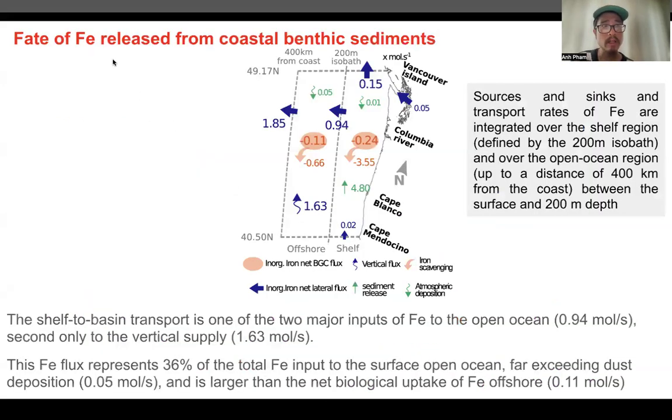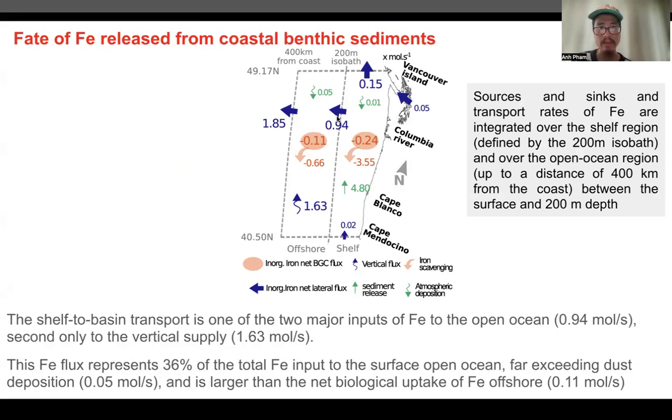First, we're going to focus on the fate of iron being released from coastal benthic sediments, as shown in the figure here, showing the sources, sinks, and transport rates of iron integrated over the shelf region defined by the 200-meter isobath and over the open ocean region up to a distance of 400 kilometers from the coast, between the surface and 200-meter depth.